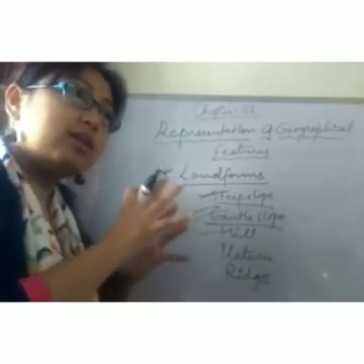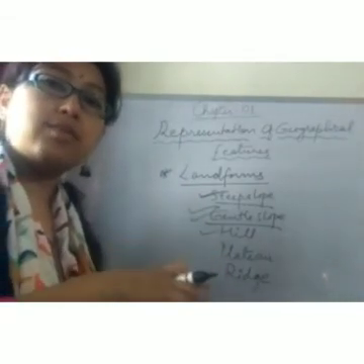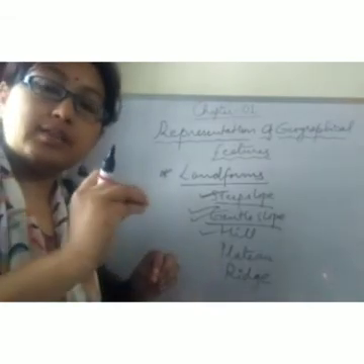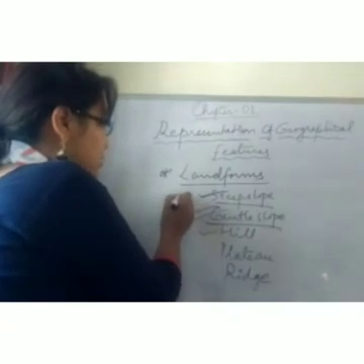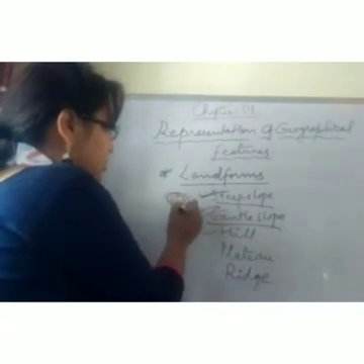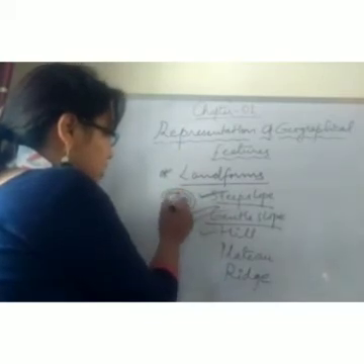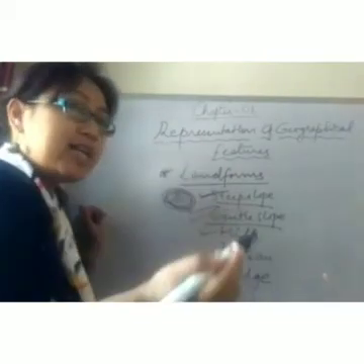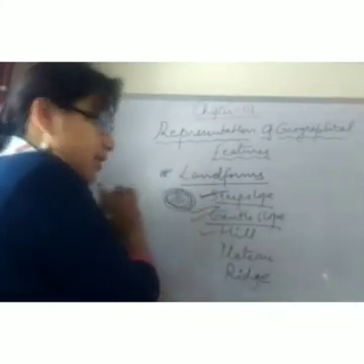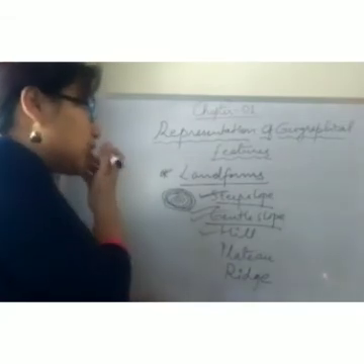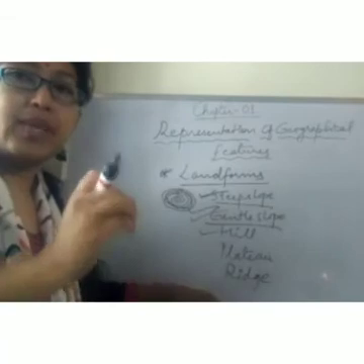So through that contour heights also you come to know that the place is having a hill. So concentric means it's somewhat like this, closely packed and concentric, and the height is increasing towards the peak, right? So this shows the place is having hill.